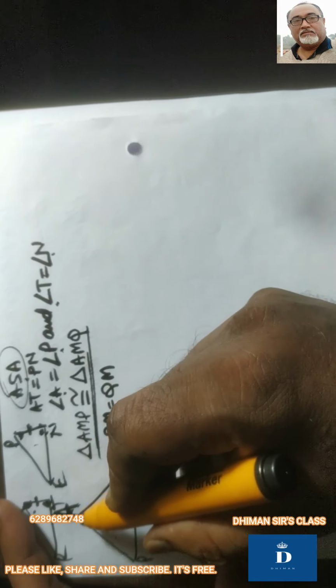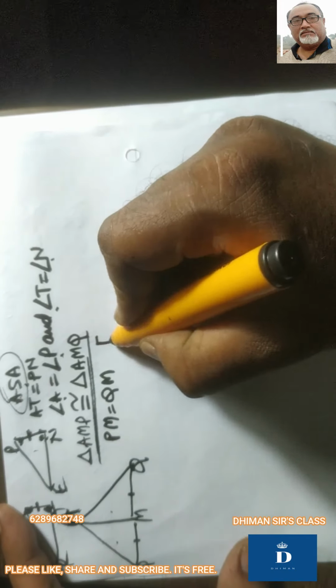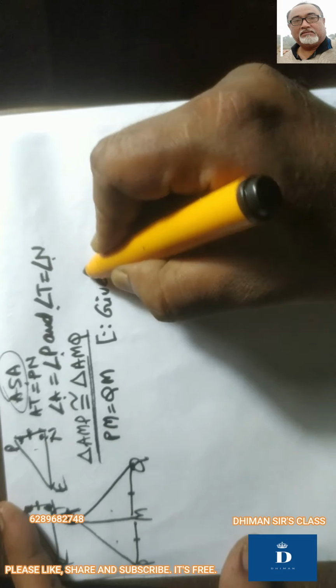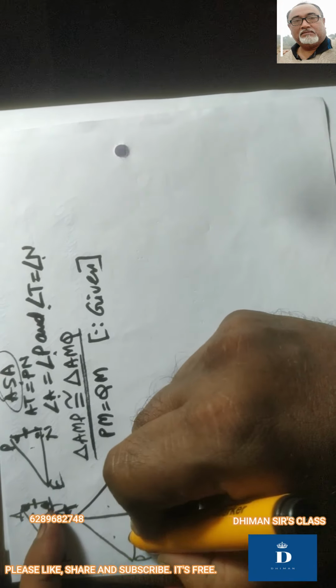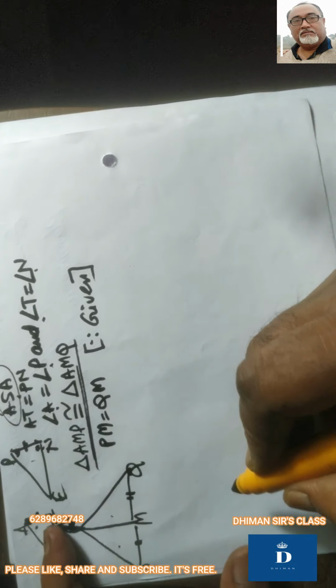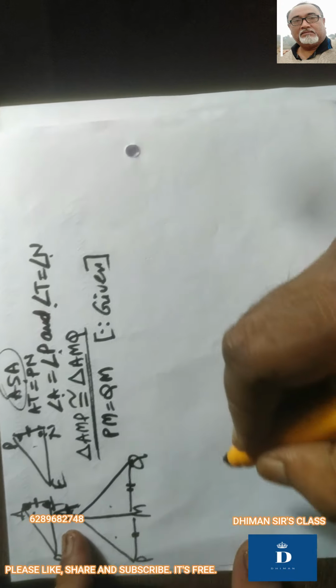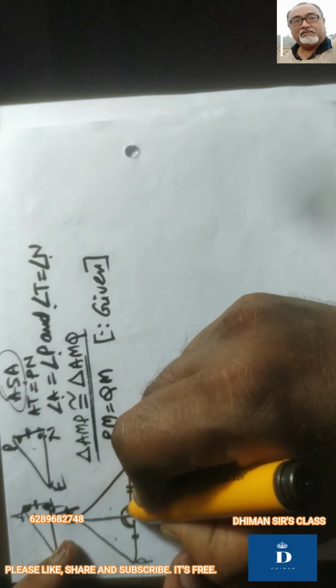Okay, if PM is equal to QM, what would be the reason they are asking? Since it is given in the question. Why? Because a mark is given already in the diagram of your book. You open the book, keep the book open, otherwise you won't be able to understand. Then this mark is also given.